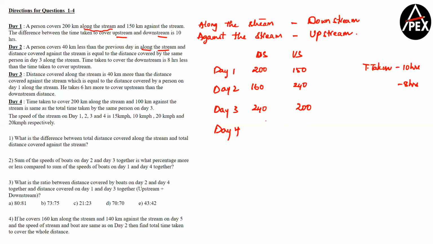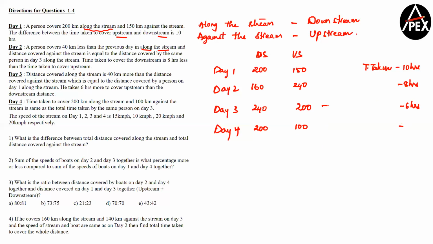On day 4, the person covers 200 kilometers along the stream, downstream, and 100 kilometers upstream, and he takes 6 hours more to cover upstream. So the difference here is 6 hours. The total time taken to cover 200 kilometers along the stream and 100 kilometers against the stream is the same as the time taken by the same person on day 3.